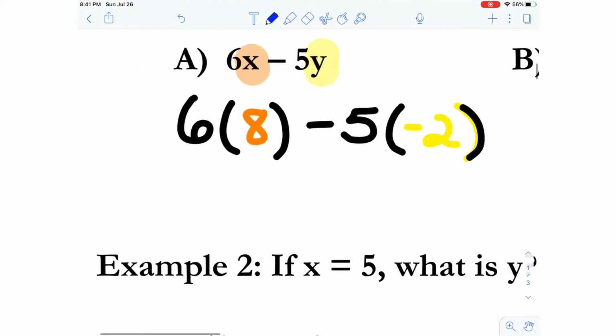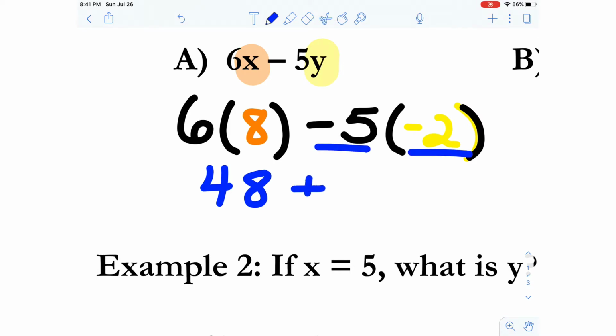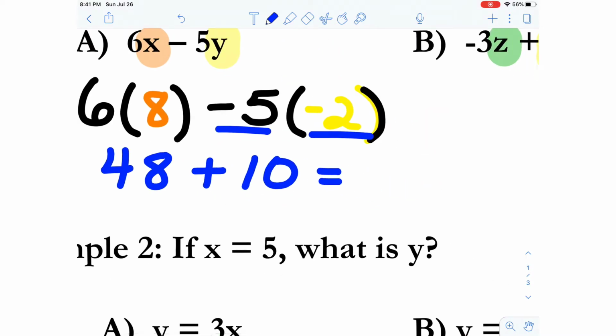Okay, so 6 times 8 is going to give me 48. Now be careful here. This is where I said negatives can throw things off. -5 times -2, negative times negative actually turns to a positive. All right, so we end up with 48 plus 10, which is 58. And there's my final answer.